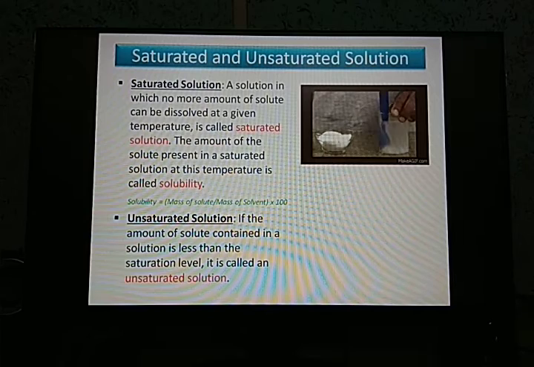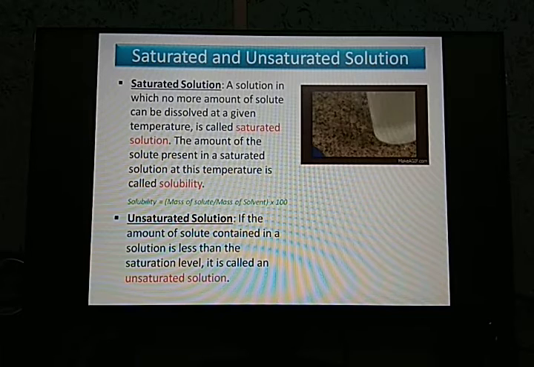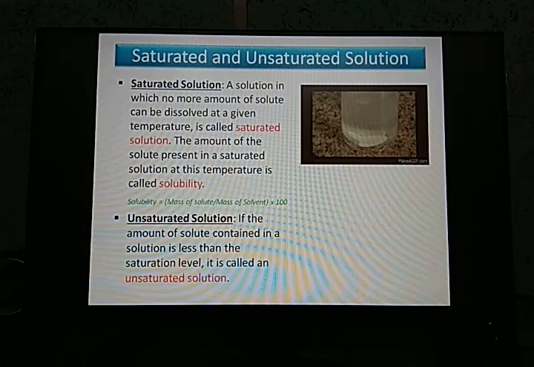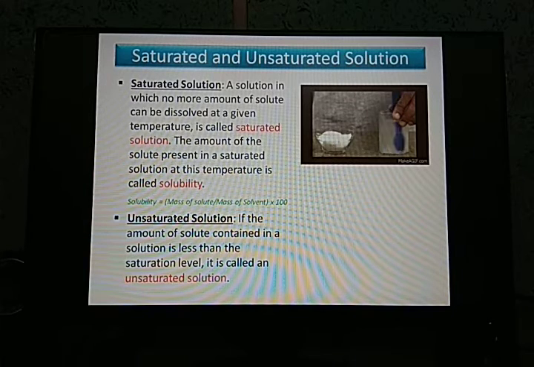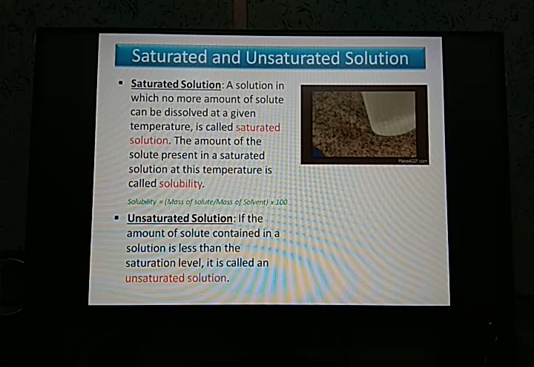That means while mixing, if we see that the solvent can mix further solute into it, then we can say that the solution has not reached its saturation point, and until and unless it reaches its saturation point, the solution is considered unsaturated. That means we can add more solute to it and it will easily get dissolved in it, or you can say that the solubility still continues.